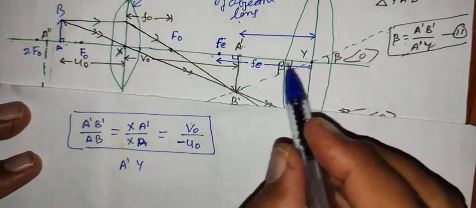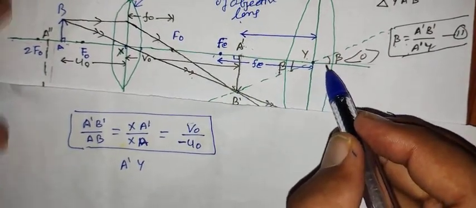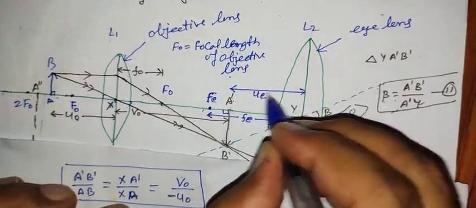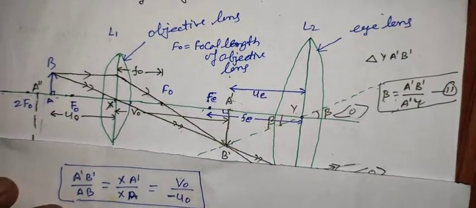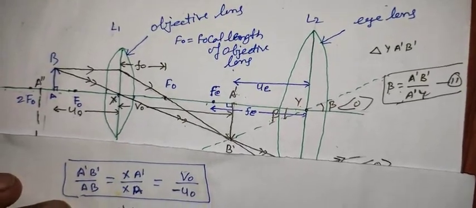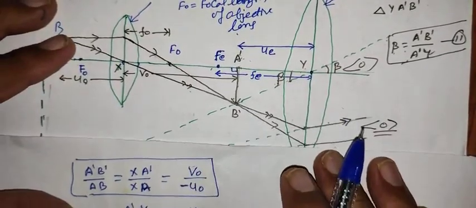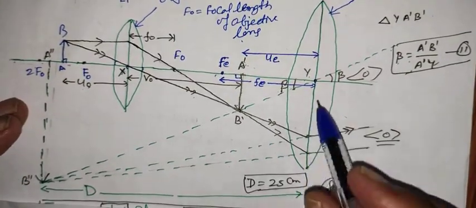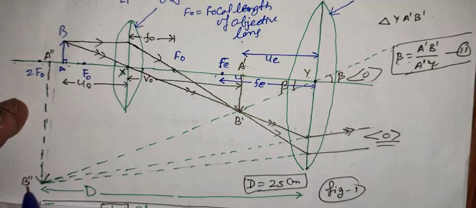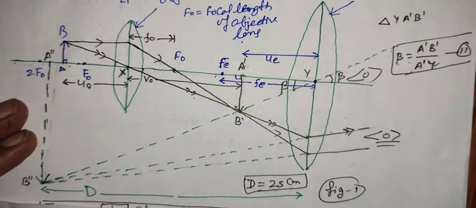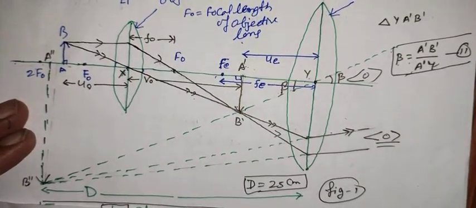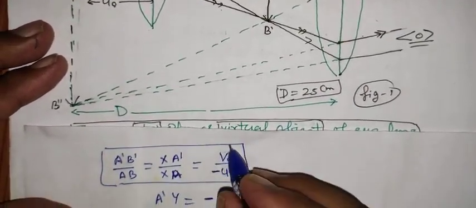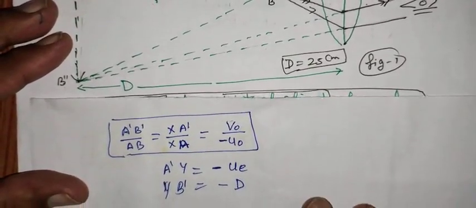It is the object for the eye lens, so it is known as UE. We may write it as UE with a negative sign, and the final image is formed here at Y dash, on the same side, so it is negative. See the sign convention very carefully.